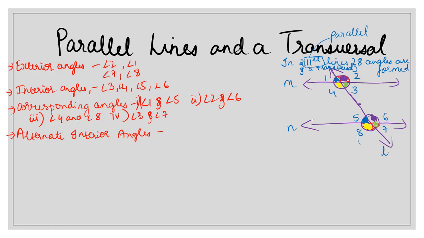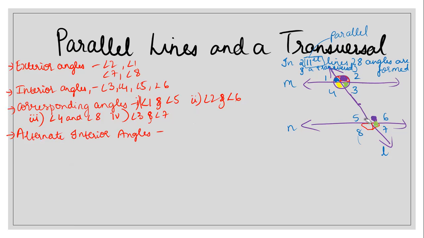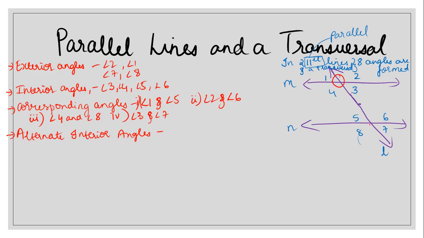What are alternate interior angles? So let me just clear up this figure a bit. What are alternate interior angles? I'll tell you the pairs of alternate interior angles in this figure. Angle 4 and angle 6 are one pair. Angle 3 and angle 5 are one pair.